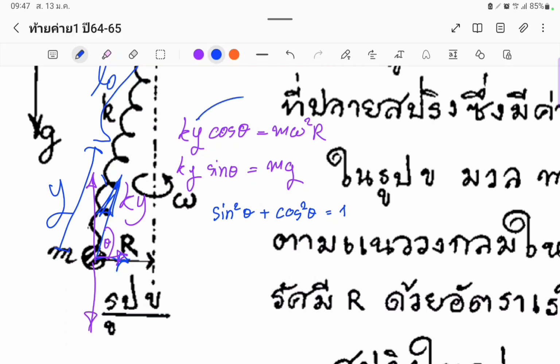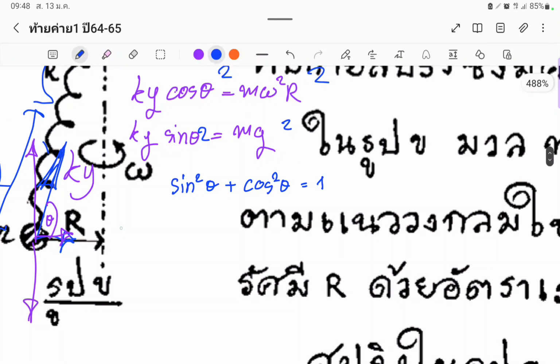So we move this to the other side and square both sides, and then we get cosine square and sine square, and when we add them it becomes 1. We'll get an equation that has only ky and m and other things that the question already gives us.